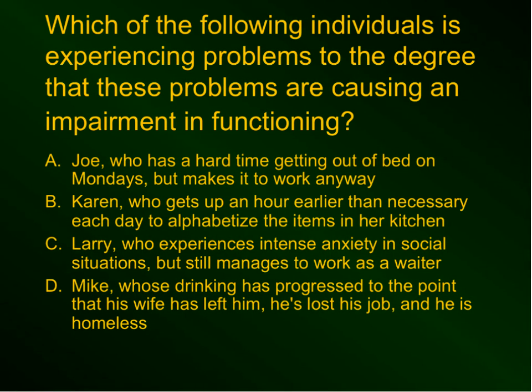The key phrase here is an impairment in functioning. I'll give you a minute or so to think your way through that. Who's got problems to the point that they're having an impairment in functioning? Again, you choose A, B, C, or D by rolling over what's above the list of names there. All right?